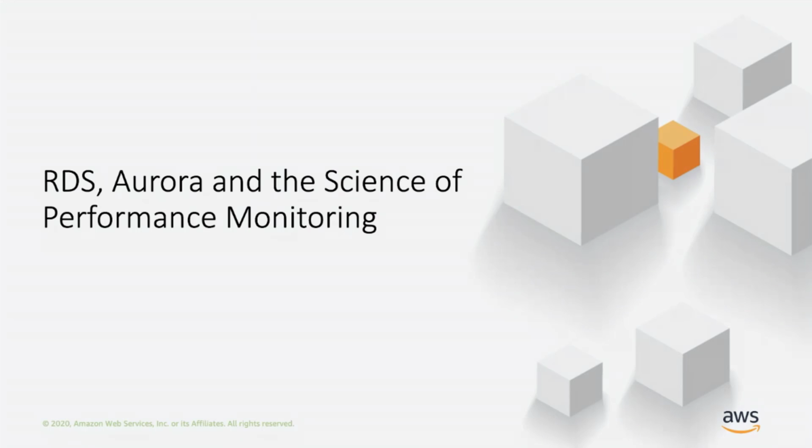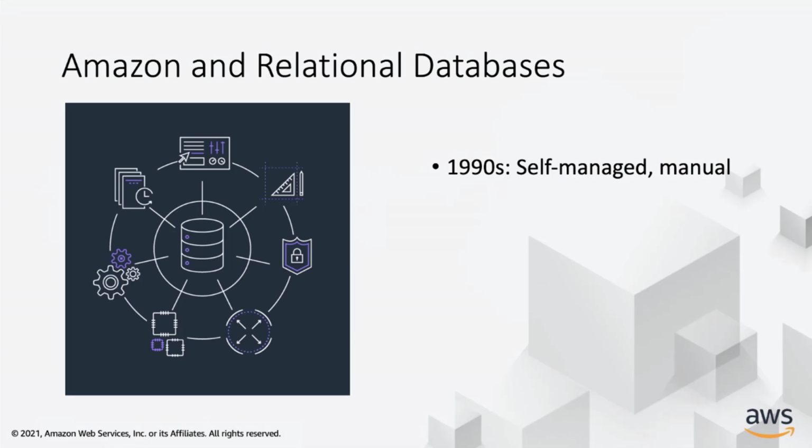Well, if you signed up for this webinar, you probably already know something about RDS and Aurora, but what you may not know is just how we ended up building these services and how we think about performance. So back in the 90s, we ran Amazon on relational databases that we managed ourselves using mostly manual processes.